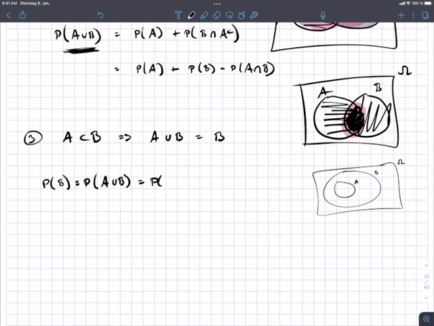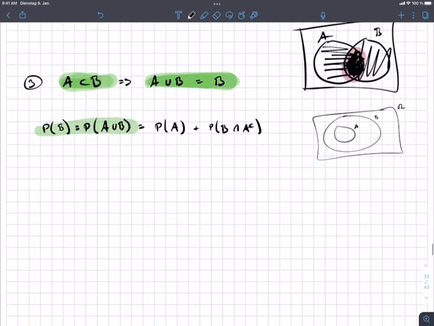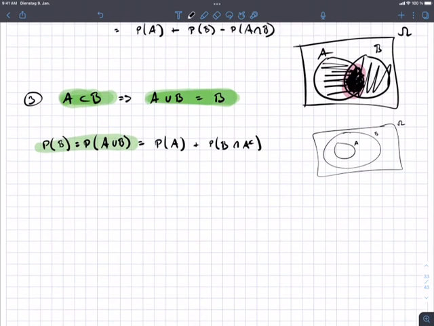Probability of B is equal to the probability of A union B, since under this, if A fits inside of B, then these are the same. So now I'm going to pull this down and put probability of A plus probability of B intersect A complement. And now I know since this is a probability, it has to be non-negative.